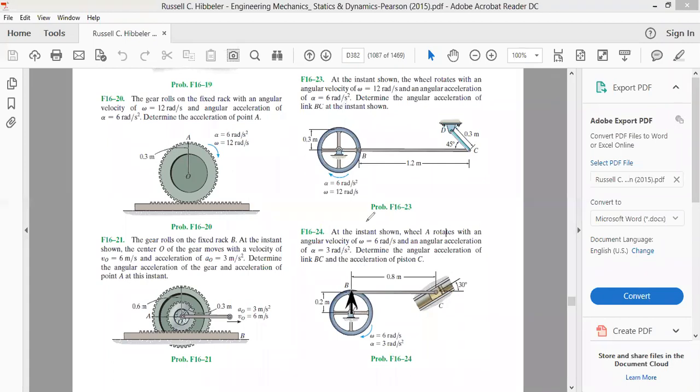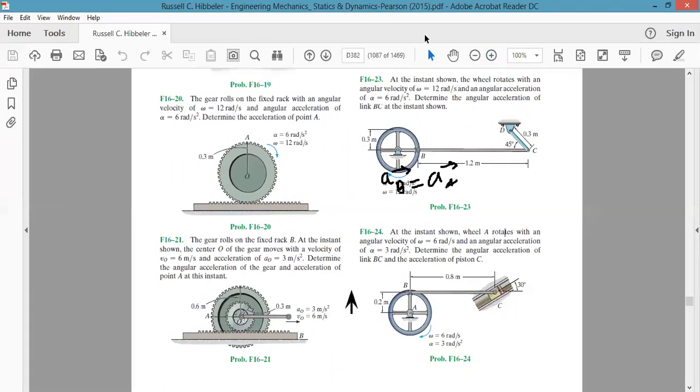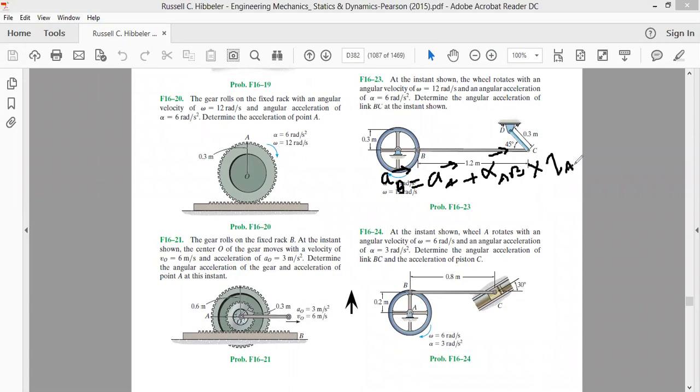So between B and A, we can write acceleration of B is equal to acceleration of A plus angular acceleration of AB, that is alpha AB, cross product with the radius vector from A to B, that is RAB, minus omega square, omega of AB, RAB vector. RAB vector is here.